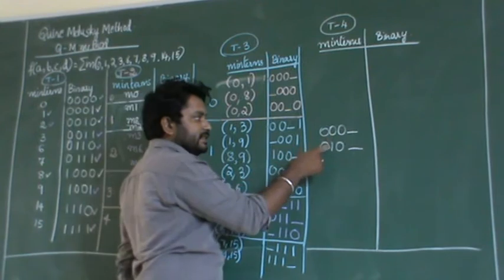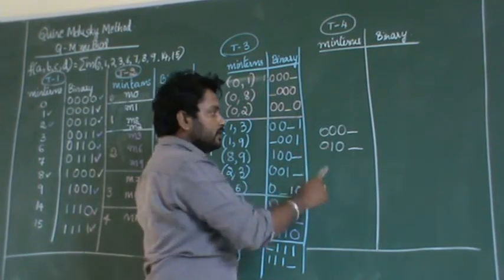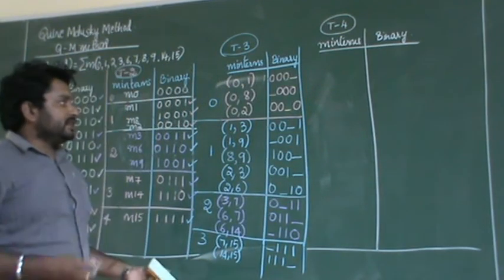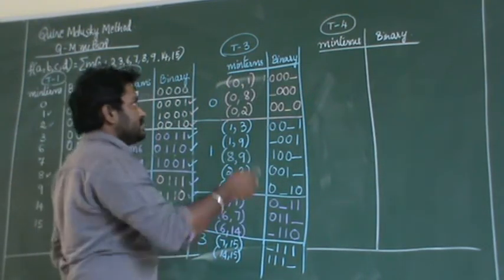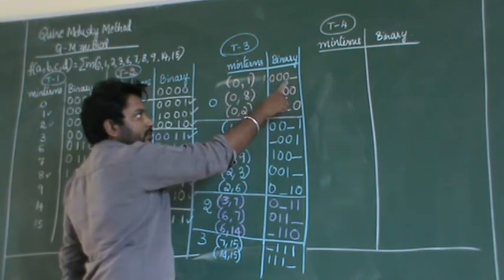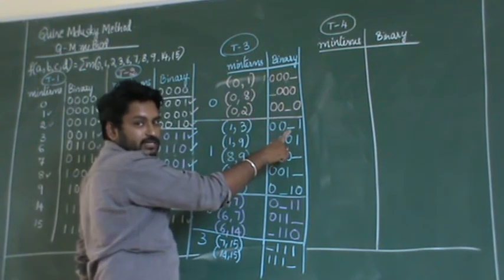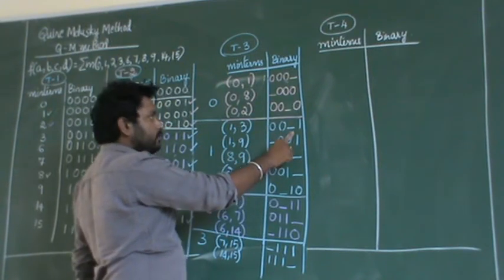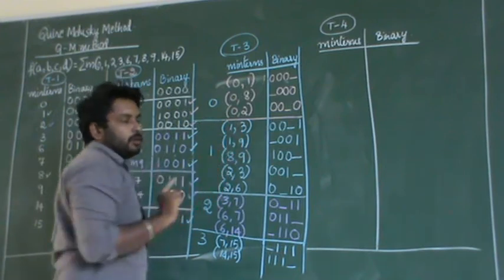There is a change in a single bit position, so at that time you can do it. You cannot group if there is a change in 2 bit positions. See here, 0 is same as 0, 0 is same as 0, but 0 is not same as this 0. We cannot map 0 with a dash. It is not the same, so therefore 0, 1 and 1, 3 is not possible.